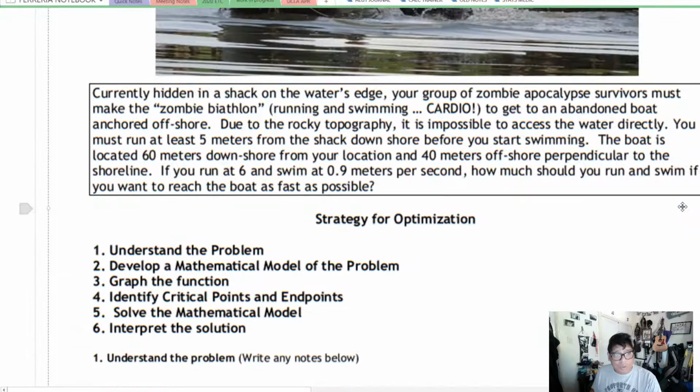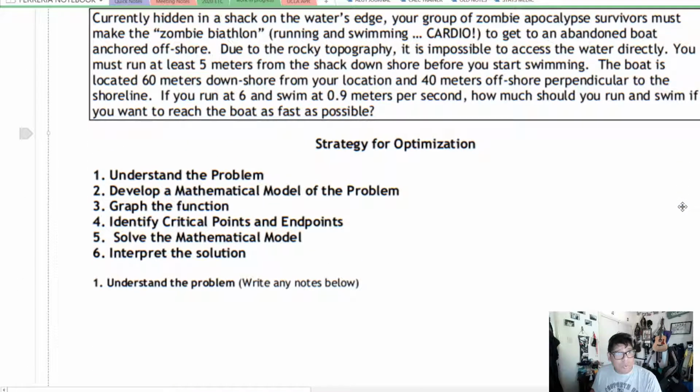Okay, so this is what's going to make this a little bit more difficult. There are two distances we need to deal with, and two different rates for those distances. We have running, and the speed for running is 6 meters per second, and we have to run for 55.